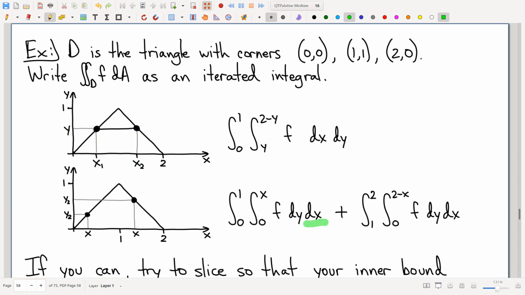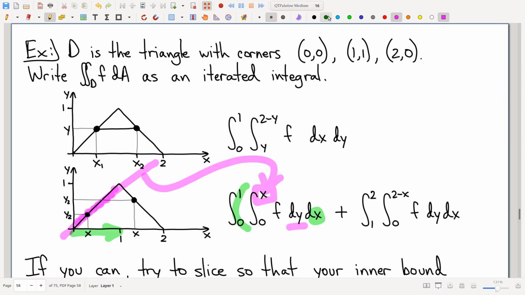Now, it's tempting to say, well, x goes from 0 to 2, and it kind of does. Here's the problem. For the first so many values of x, as x goes from 0 to 1, my y upper bound is going to come from that curve, which will give me this formula for my y upper bound.